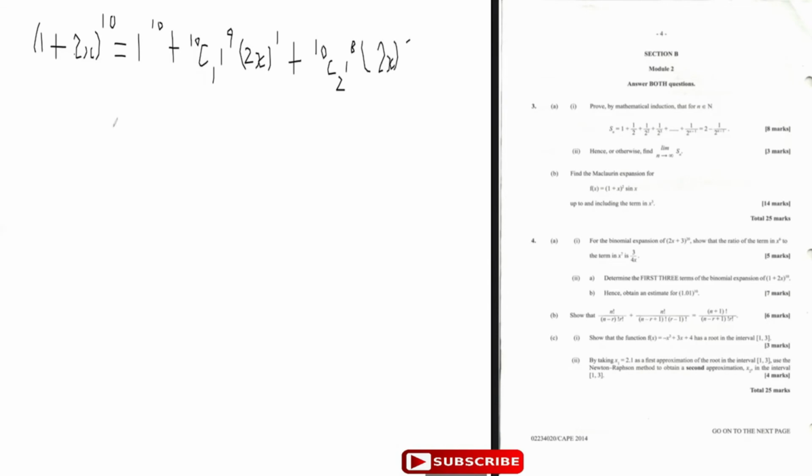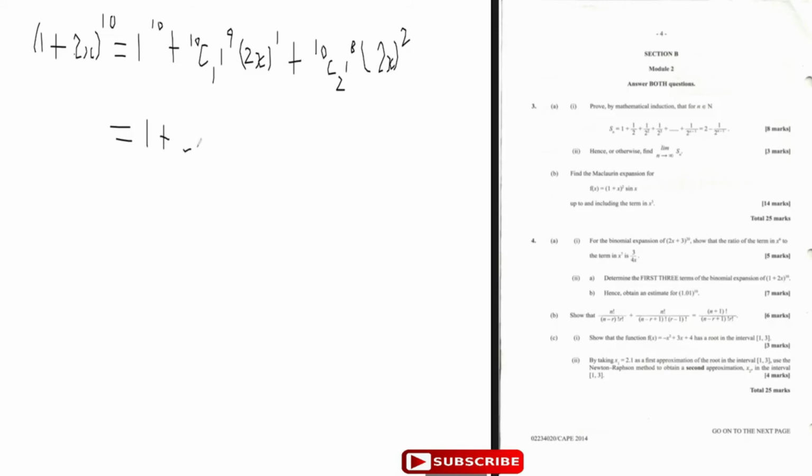So when you simplify that, 1 to the 10, 1 to any number is 1. Then you have plus 10 choose 1, which is 10, times 2x. 10 times 1 is 10, 10 times 2 is 20.